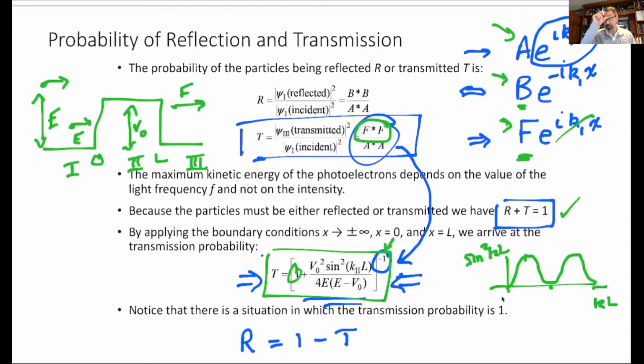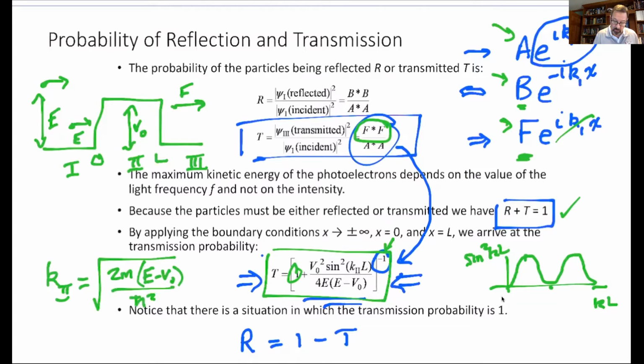Now, here's my advice. My advice is to remember what K is in region 2, and K is always in these Schrodinger wave equations the square root of twice the mass times some type of energy. In this case, it is the energy minus the potential energy, the height above the barrier, over h bar squared. My advice when you're doing this calculation is always to figure out what K2 is first, because you'll have those numbers.